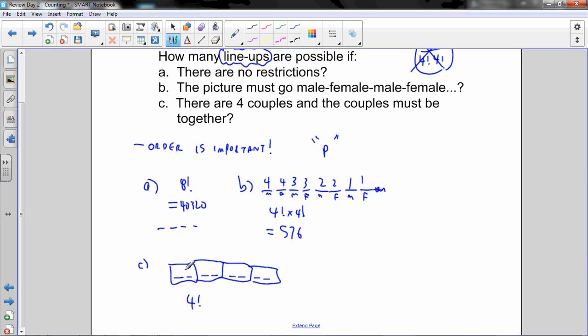There are 4 choices of couples. But then inside each box, it could be male, female, or female, male, right? So in each box, there are 2 possibilities. So for each of these choices, I'm also multiplying by 2 times 2 times 2 times 2, or 2 to the exponent 4.